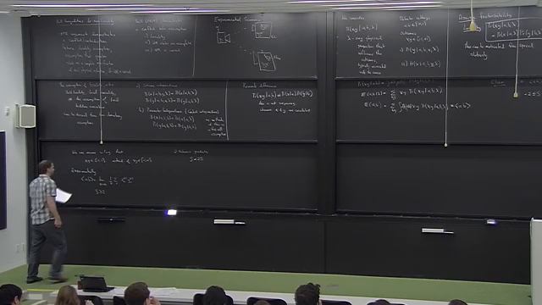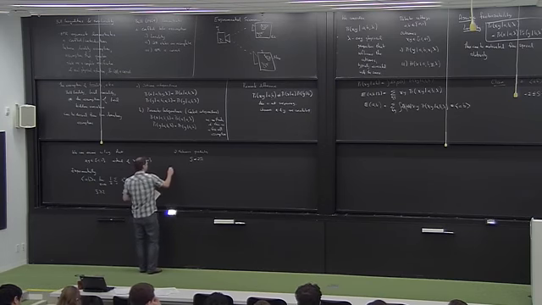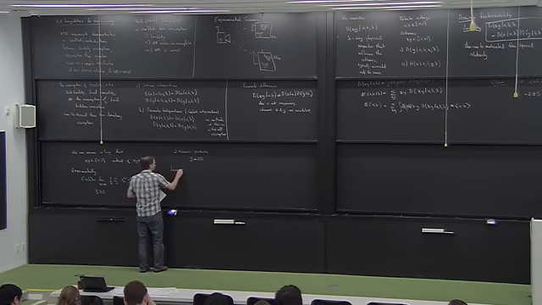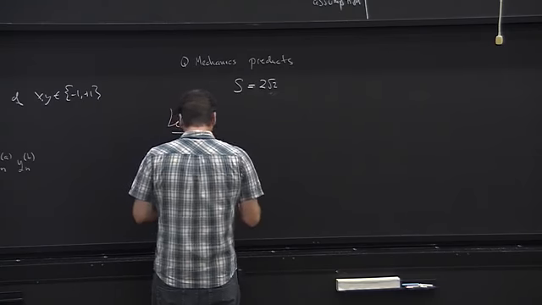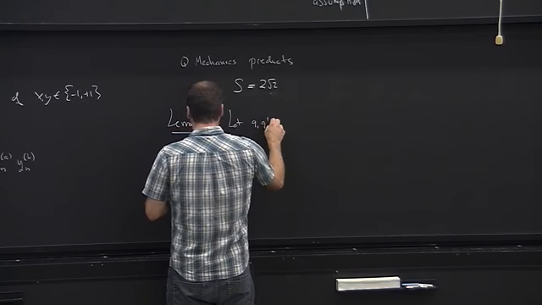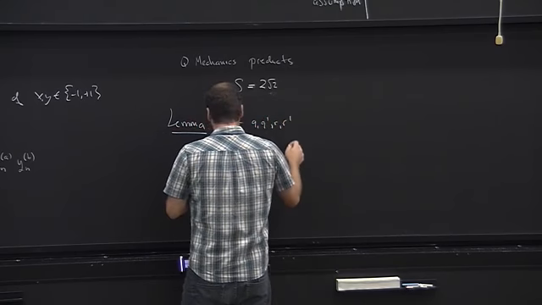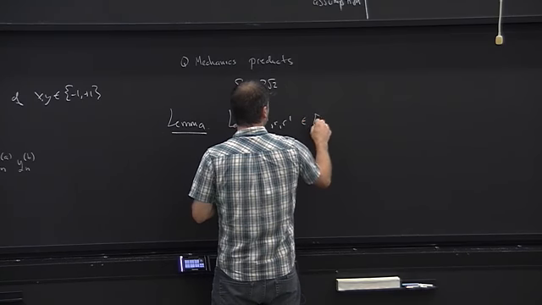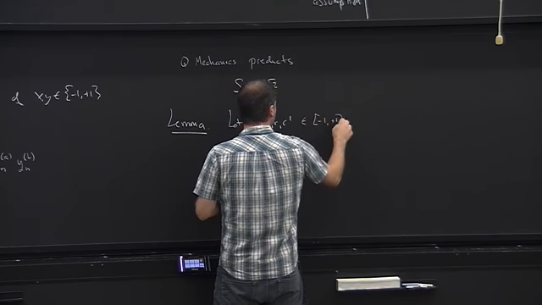Okay, so let's look at a lemma. Let Q, Q prime, R, and R prime all belong to the interval -1, +1.